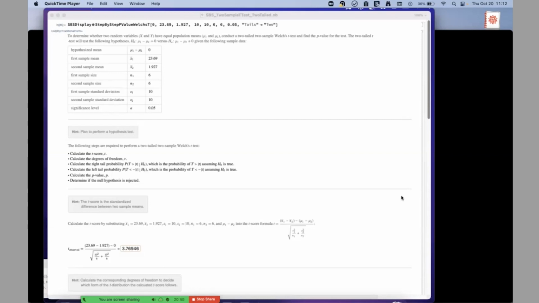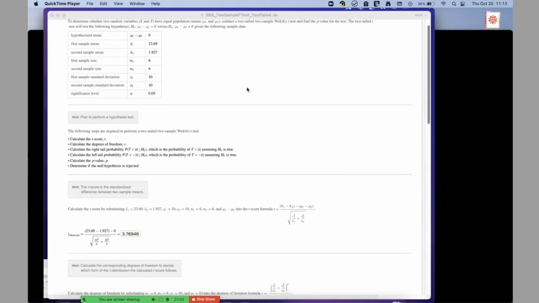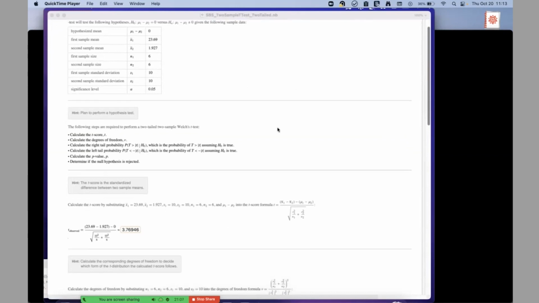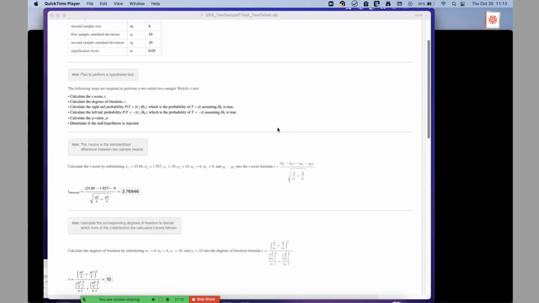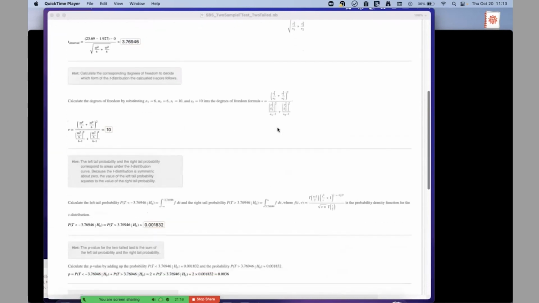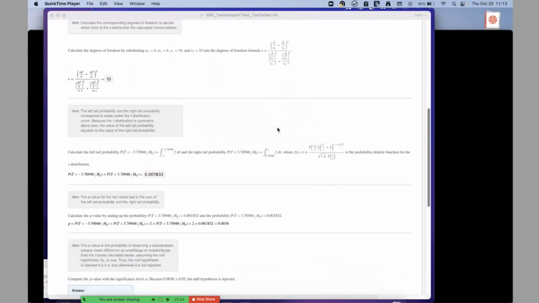So this step-by-step solution first introduces the problem, including the testing hypothesis. The user input data are shown here in this table. Following the instruction, there is a list of steps required to perform this two-sample t-test. The next few steps contain instructions on how to calculate the t-score, the degrees of freedom, the tail probabilities, and the p-value of the test.